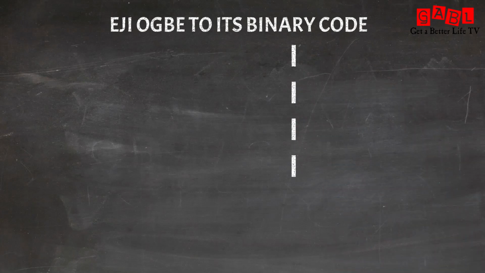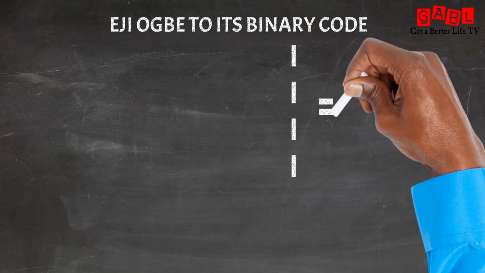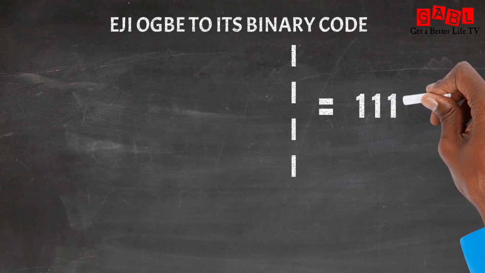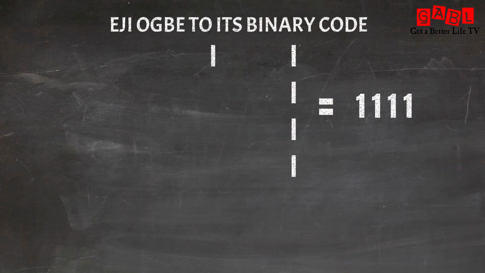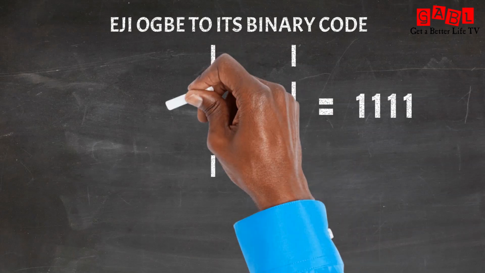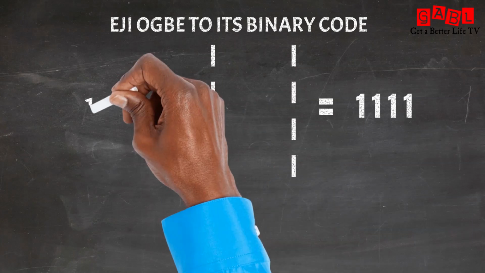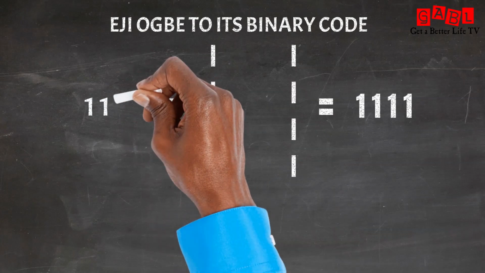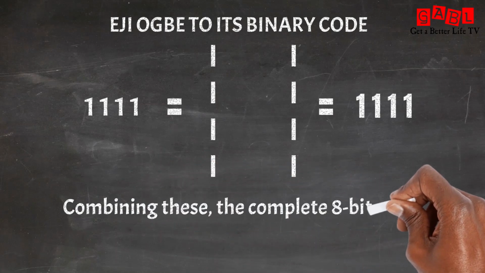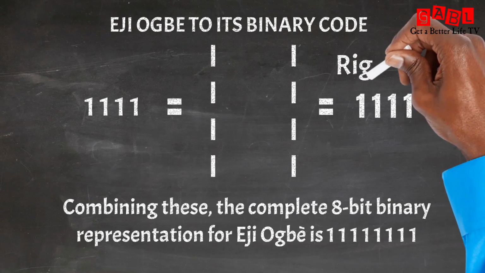So let's convert Eji Ogbè into its binary code, starting with the right column, top to bottom. We have 4 single lines. As you can see, this translates to 1, 1, 1, 1. Now, the left column, also top to bottom, has 4 single lines, as you can see on the screen.